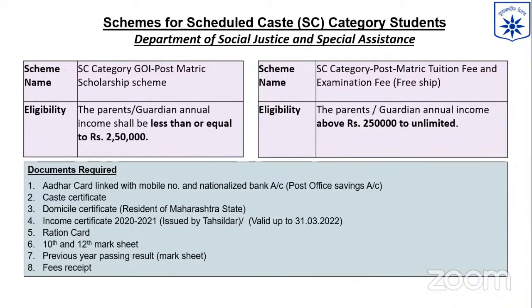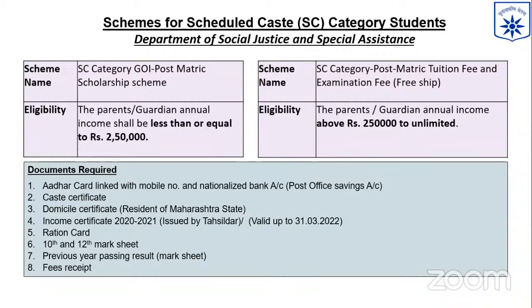If your parents' yearly income is more than rupees 2,50,000, then you can apply for the other scheme, called SC category post-matric tuition fees and examination fees, which is commonly called the freeship scheme.